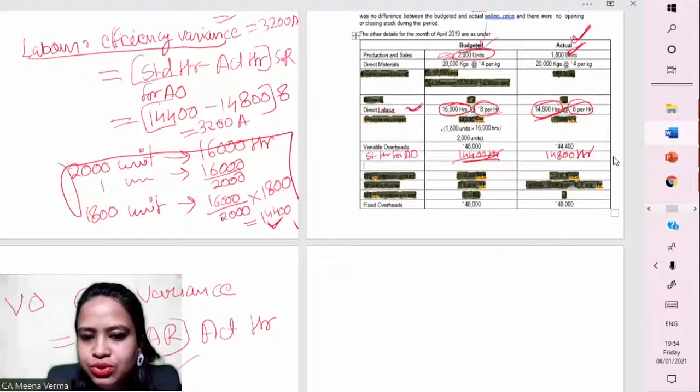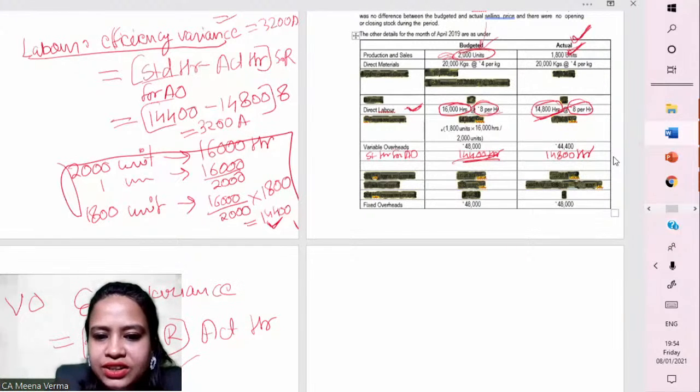At this place also you need standard hours for actual output, and you need to find the variable overhead rate.